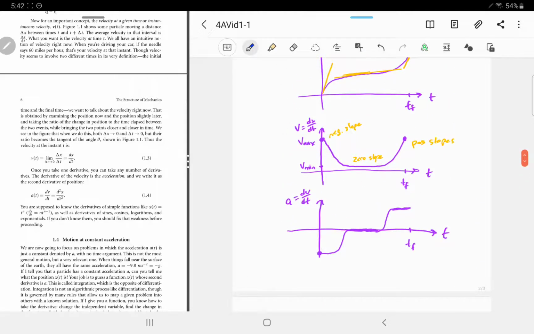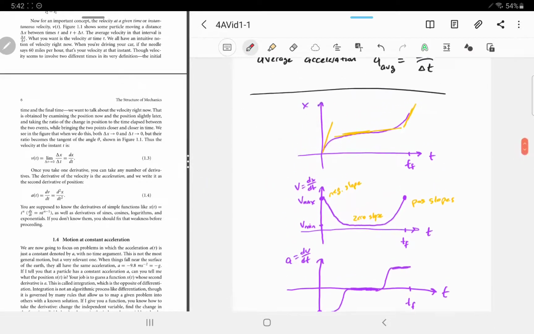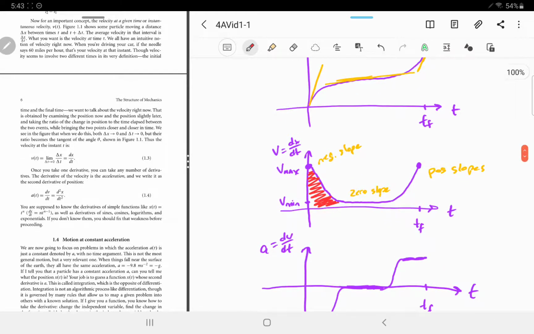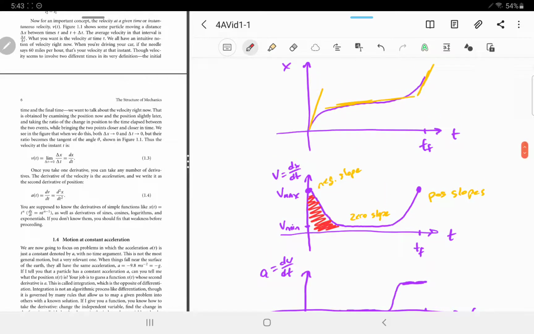So let's look right here at the relationship between x and v. If we took an area right here, looks like that area is positive. These areas are in the sense in which we use them in a calculus class. If the function is above the horizontal axis, then it's a positive area. You're integrating from left to right. So what that means is that from, say, t naught to t1, that area is positive.